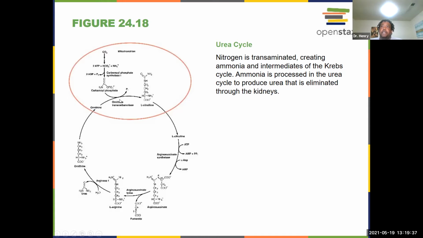Okay, so in the mitochondria, at the beginning, we have carbon dioxide. Carbon dioxide is going to be changed into bicarbonate.